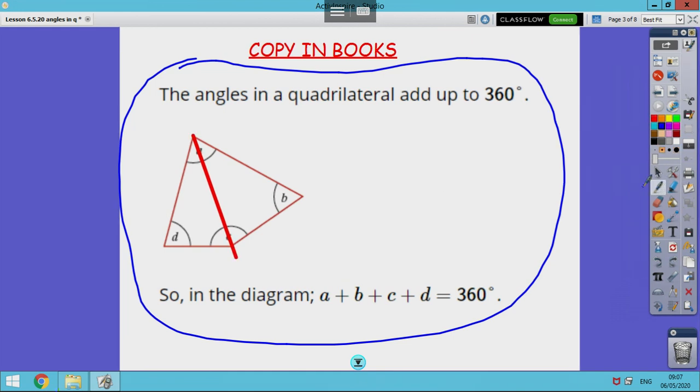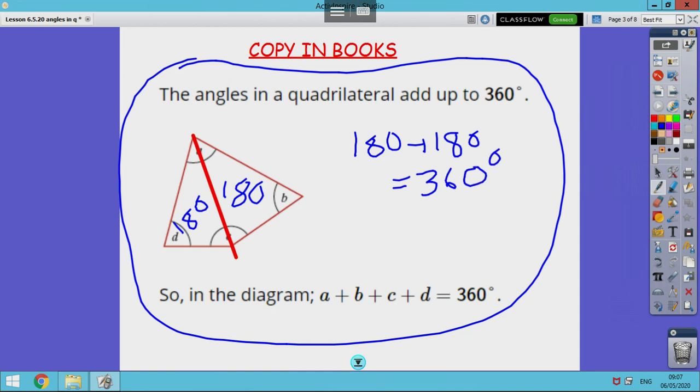And we know that in a triangle, the angles add up to 180. And the angles add up to 180. So if we added 180 to 180, we would get 360. So that's why your angles in a quadrilateral add up to 360 degrees, because you can make 2 triangles out of any quadrilateral.